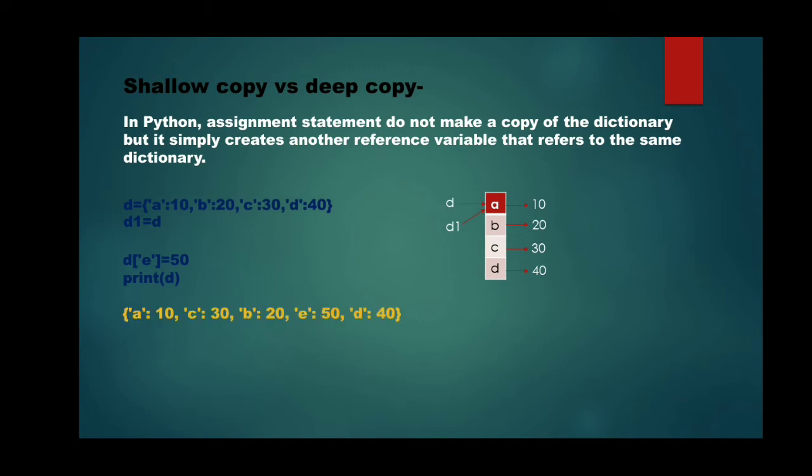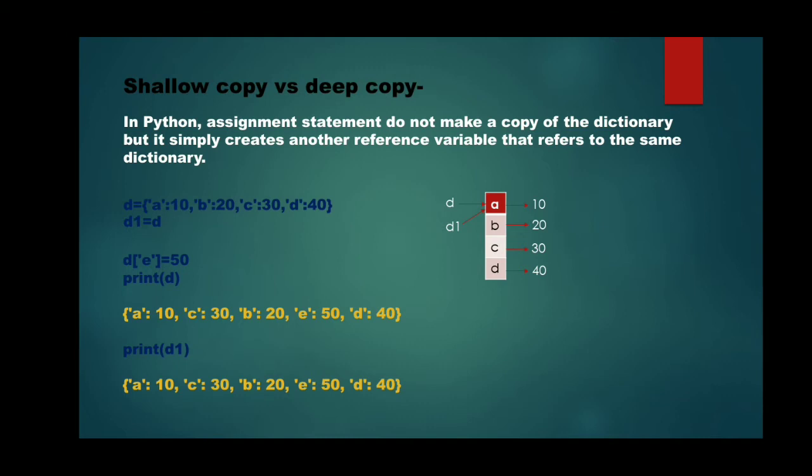And when I display the value of D, see, the key E is inserted over here. When I display the value of D1 now, D1 is also reflecting the changes. D1 has also got the key value pair E:50. Why is this so? Because D and D1 are referring to the same location, the same dictionary.